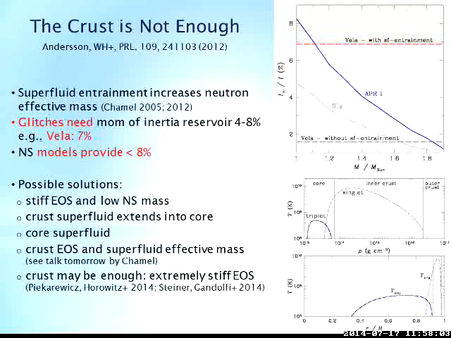Because then, naively, if APR is the right one, they can all give 4 to 8% for less than 1.4 solar masses. There's really no independent mass information. So it's a possible solution. They could all be low mass, below 1.4.